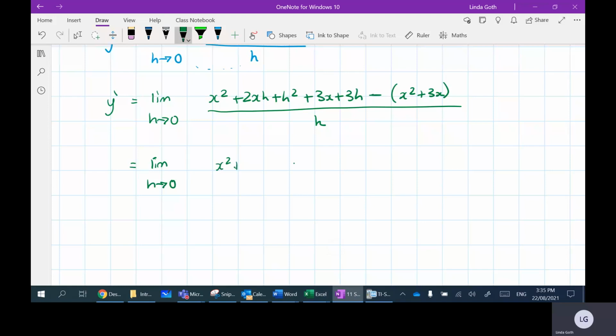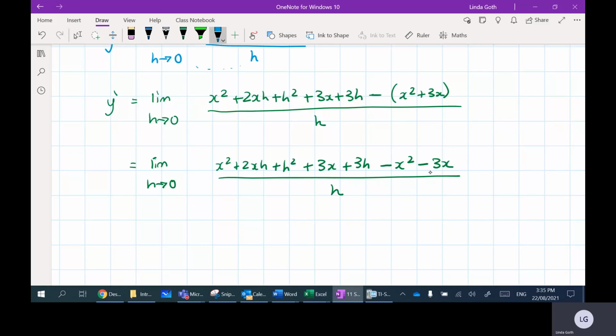So I've got x squared plus 2xh plus h squared plus 3x plus 3h minus x squared minus 3x, all over h. Now here's something lovely. This minus 3x and this plus 3x are going to cancel, and this x squared and this minus x squared are going to cancel.